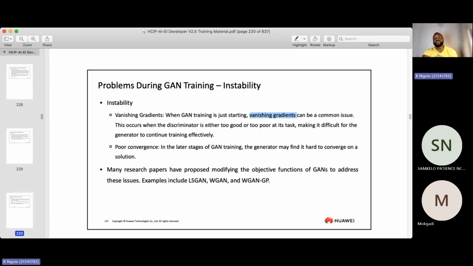The discriminator will just output 1 for real and 0 for fake. So now the discriminator keeps putting 1, 1, 1. The result is that the generator stops learning, and then the GAN training gets stuck. So this can be a problem and create the whole instability.